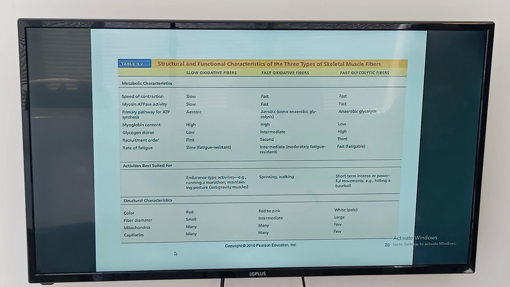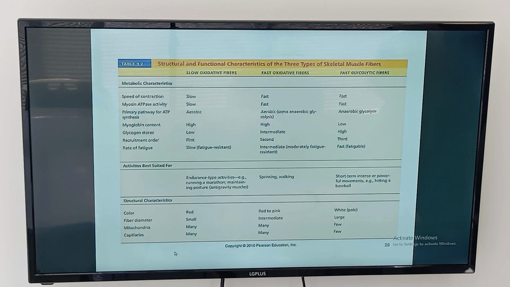Slow oxidative fibers, endurance type activity, because they have a slow fatigue rate and a slow speed of contraction. Okay, this will lead to having an endurance type activity. For example, running a marathon and maintaining posture, anti-gravity muscles.